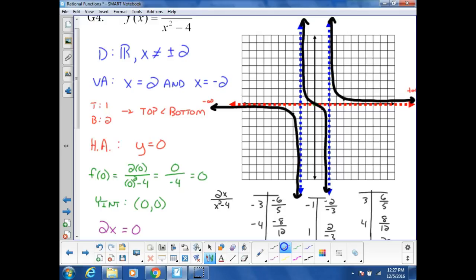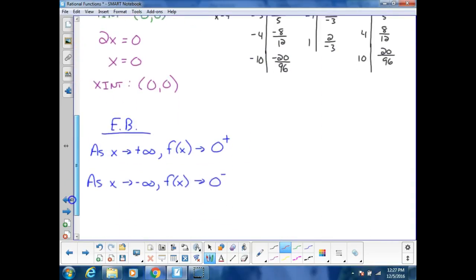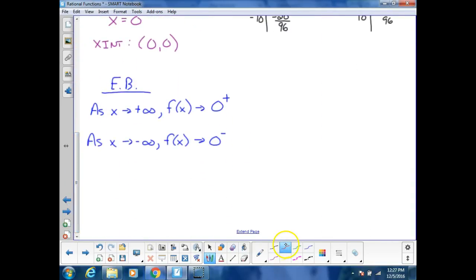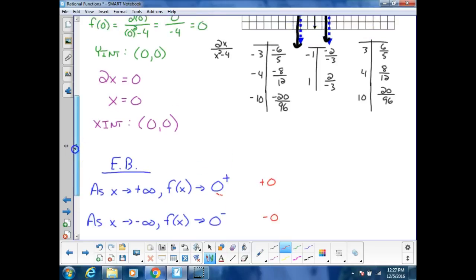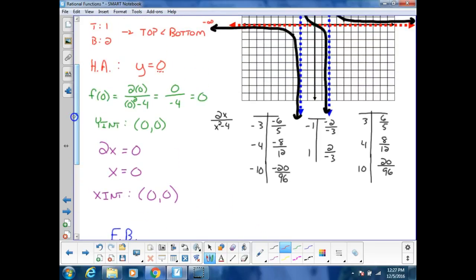Okay? Now, some people on Friday's quiz put this as like that. Okay? And that's bad, because that means two totally different things. Especially if you'll notice, Vivian, that this number right there corresponds with the number from our horizontal asymptote.